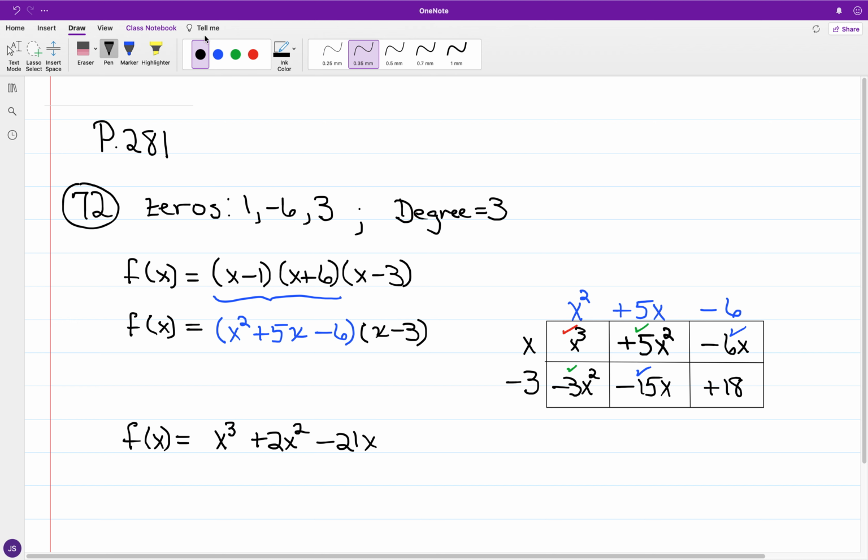And for the constant, we have plus 18 at the end. So an expanded polynomial that is third degree in x will have those particular zeros. If you set this polynomial equal to 0 and factor, setting each factor to 0, you would have your solutions in x to be 1, -6, and 3.